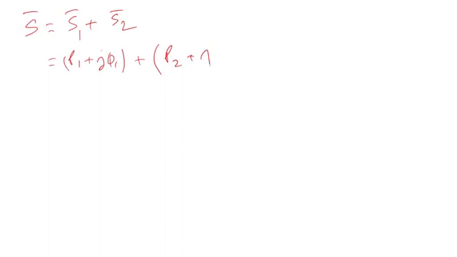So the total S, or complex power, is S1 plus S2, where S1 is P1 plus j times Q1 and S2 is P2 plus j times Q2.